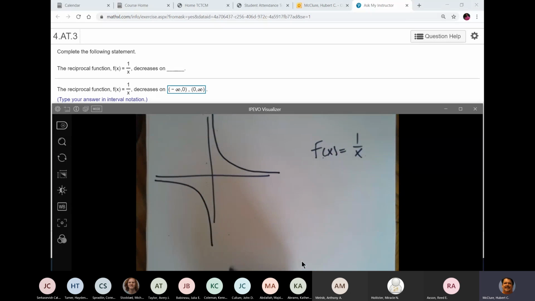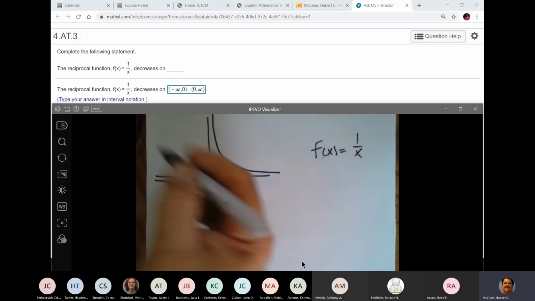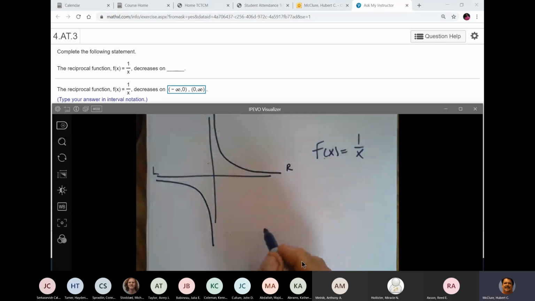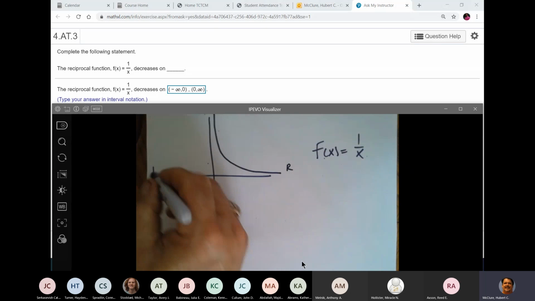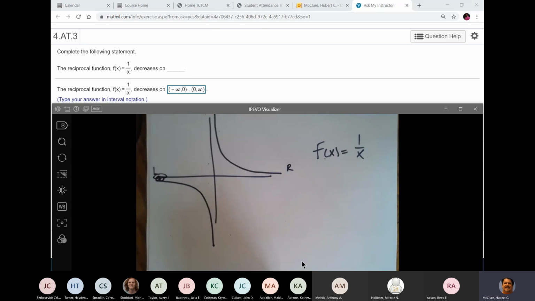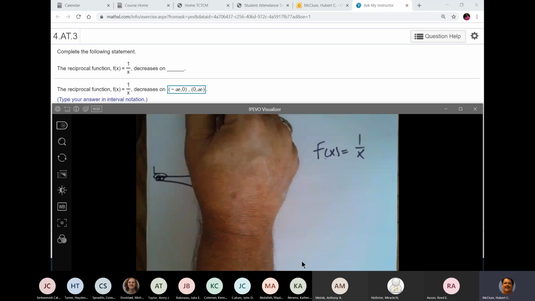Okay, so we read from left to right. So what is your function doing? What is this function doing? Put a car right here. What is your car doing as it goes from left to right with this function? Well, that's decreasing, Hubert. Okay, what about here? What's it doing here?